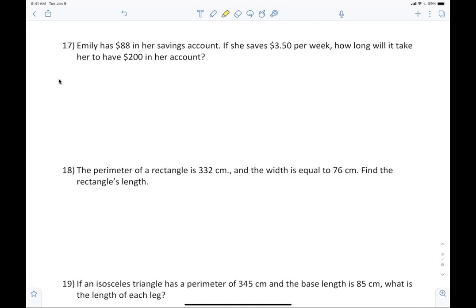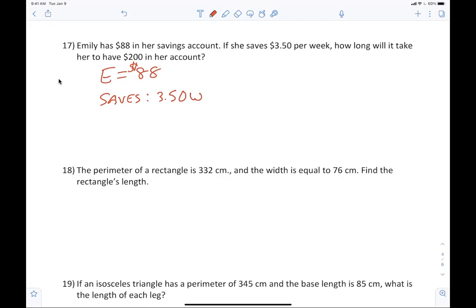Emily right now has how much in her bank account? $88. Now, how much is she going to save per week? 3.50. So she's going to save 3.5 W. Do you agree with that?